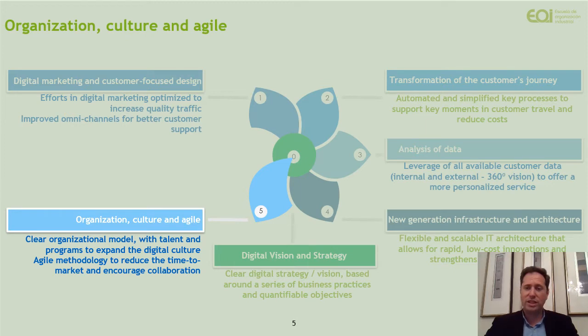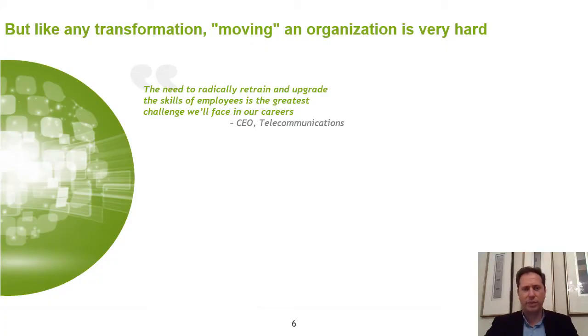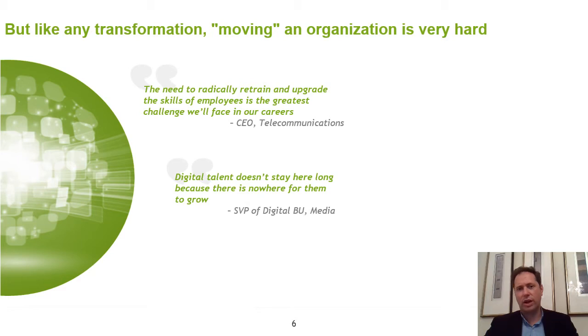The methodology is very nice to see and to speak about, but it's really difficult to really implement it in transitions today. And it's not just me sharing these ideas with you. If you speak with CEOs from different sectors, basically that is what they say. They say that the need to radically retrain and upgrade the skills of employees is the greatest challenge they will face in their careers.